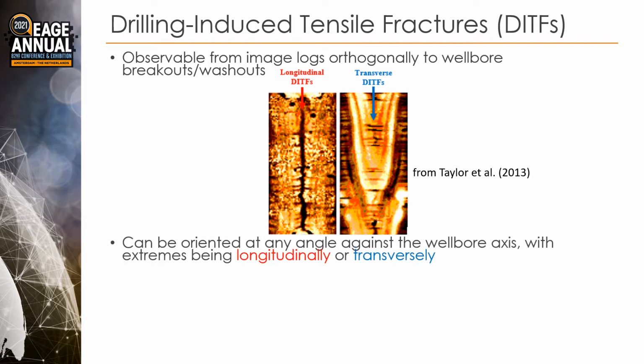Because most image logs are taken from vertical sections of wellbores, and in most areas around the world the stress state is approximately Andersonian at the depth that we are interested in, you have one in situ principal stress fully vertical, SV, and two horizontal stresses fully horizontal, SH max and SH min.